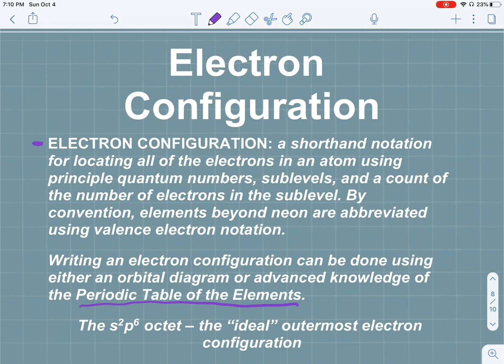The electron configuration notation gives us more of a shorthand, and then that ties a lot into, again, the periodic table of the elements, and this idea of the octet is an ideal outermost electron configuration. There is a special thing about that magic number 8, but we have to learn in more detail what that is and when it applies and when it doesn't to then tie this into chemical reactivity. But for now, let's just work on figuring out where the electrons are.